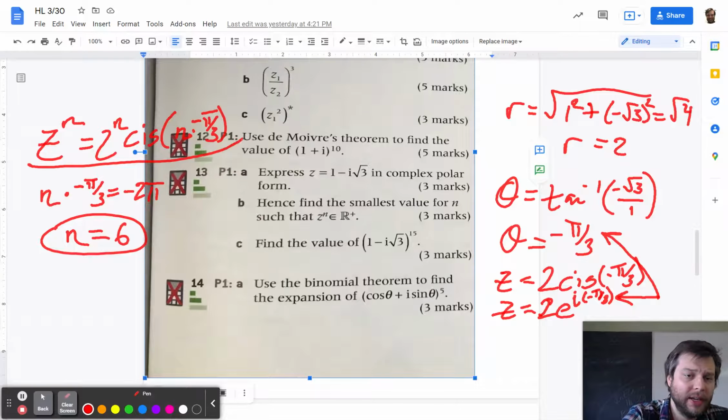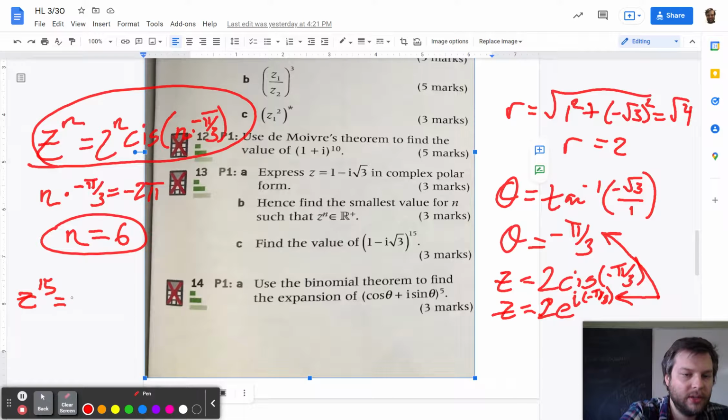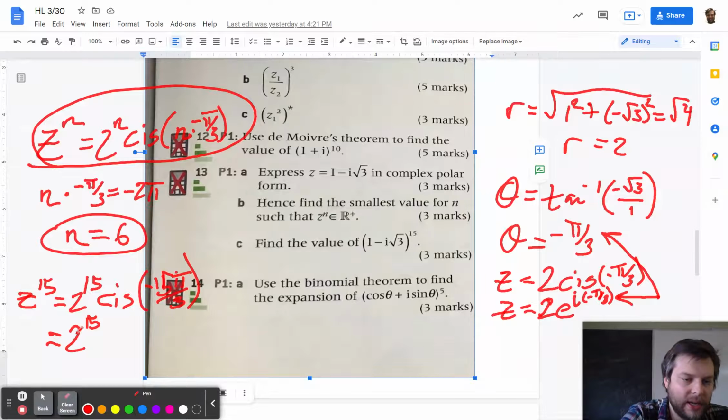Now we want to find the value of 1 minus i root 3 to the 15th. We have our formula right here. So z to the 15th is just going to be 2 to the 15th times the cis of negative 15 pi over 3, which is a nice multiple of pi. It's negative 5 pi, which is on the left side of the origin.